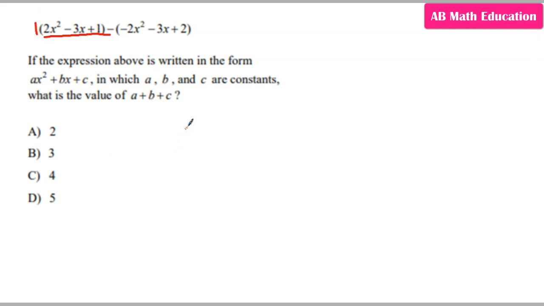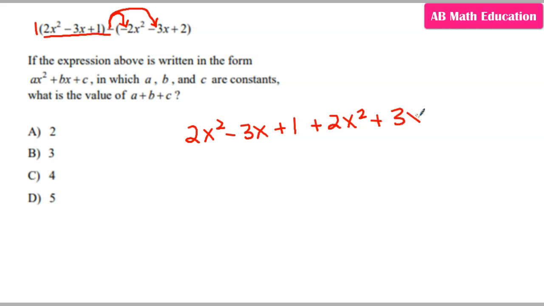So here we are removing the parentheses. It assumes a 1 over there. 1 times any number is the same number. And then here is -1. So negative times negative is positive, so it's going to change most of the stuff. Negative times negative is going to be positive 2x squared, and then negative times another negative is going to be positive, and then negative distributing that is going to be -2.